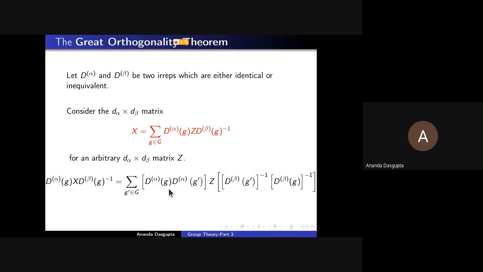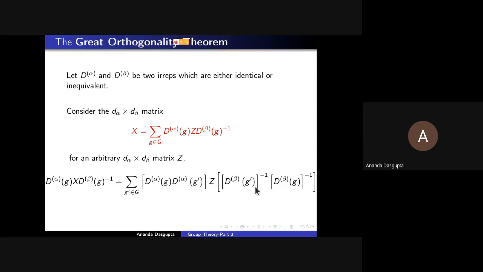And this is where having finite groups is handy, because interchanging matrix multiplications with sums is fine as long as you're doing it for a finite sum. For an infinite sum, you have to be much more careful. If this were an infinite group, you would have to demand some additional properties like compactness for this to work. But for finite sums, this is trivial. You're just doing the matrix multiplication first. And now, what is this? This is D alpha of g prime.